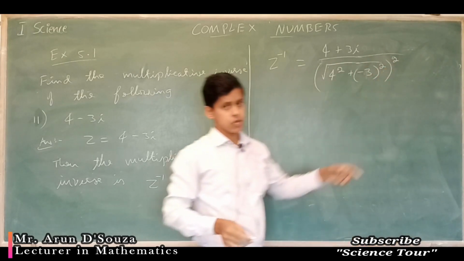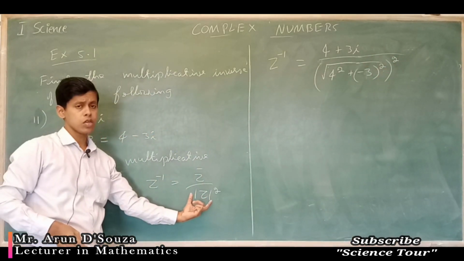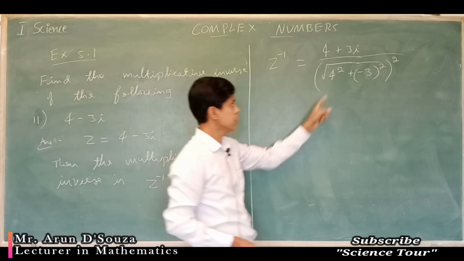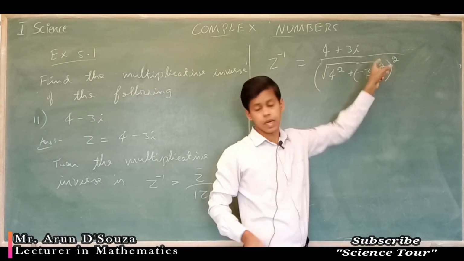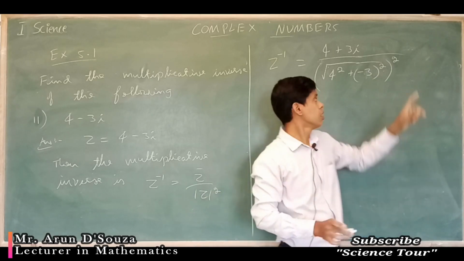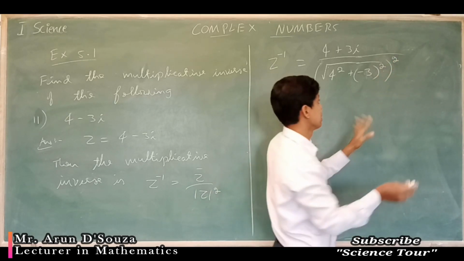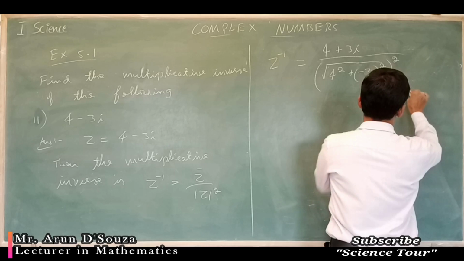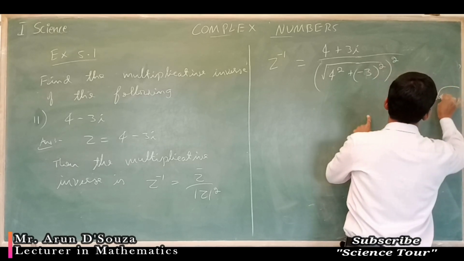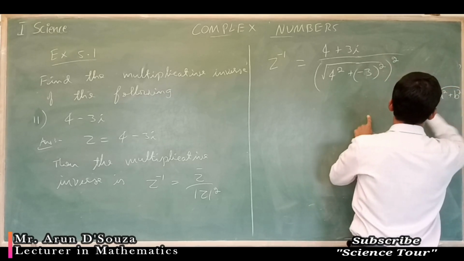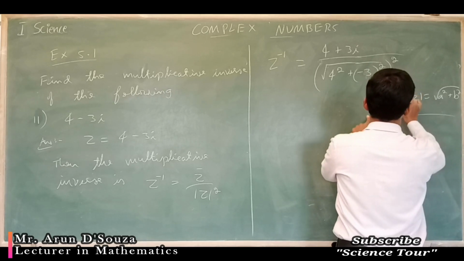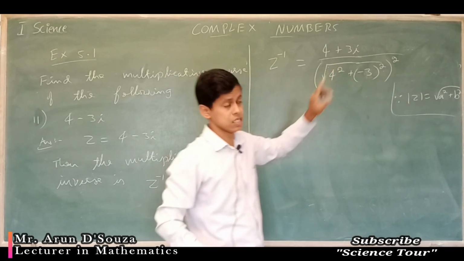See why you need that square root? Because modulus of Z is a square root, and we have to square it. So this is the reason.